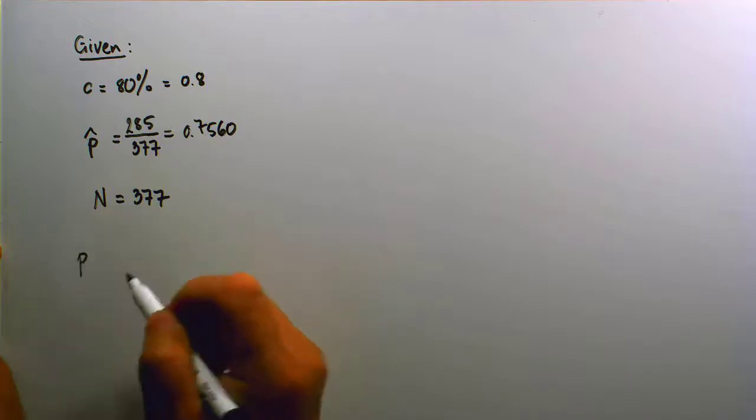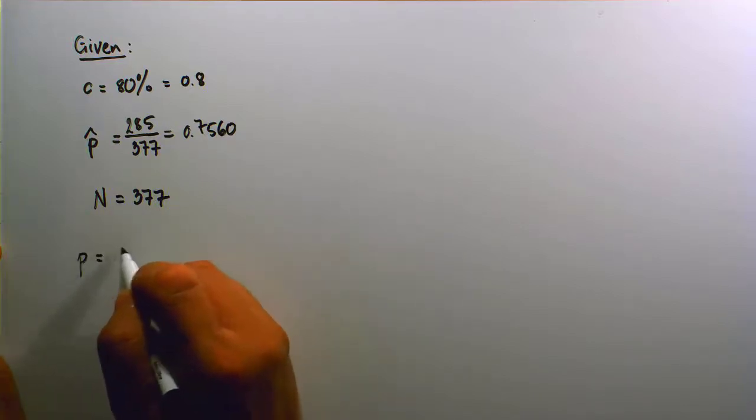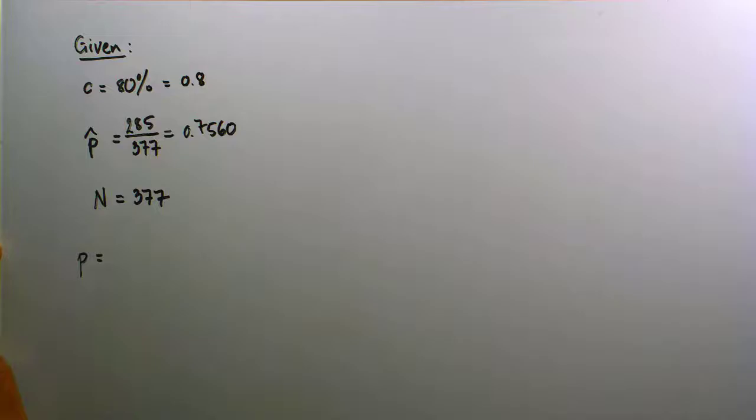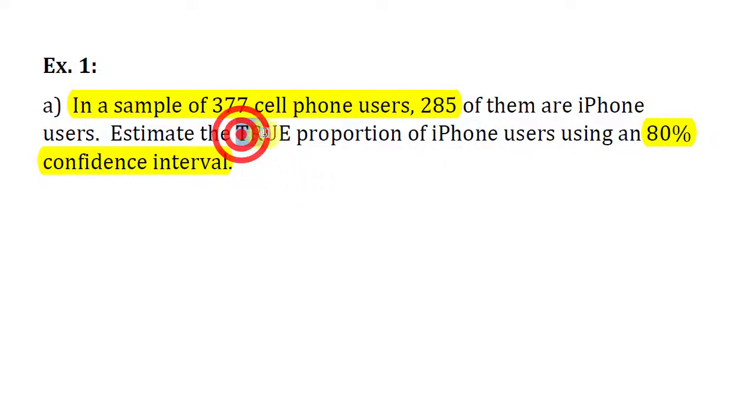And so the proportion here, and notice that in my wording of the problem on the computer screen, I refer to that as the true proportion of iPhone users, meaning here is only in a sample of 377, but really throughout the entire population of cell phone users out there, what is the proportion of iPhone users?